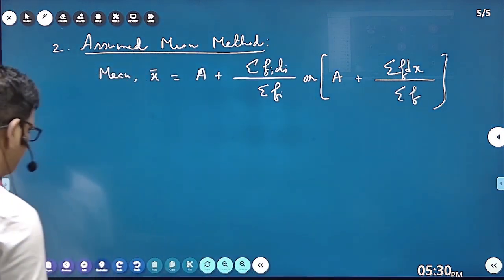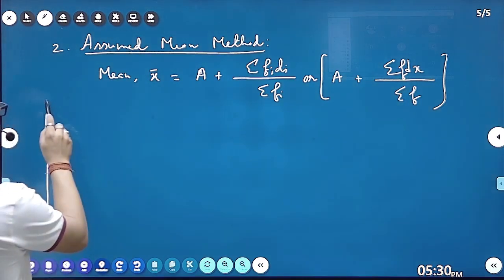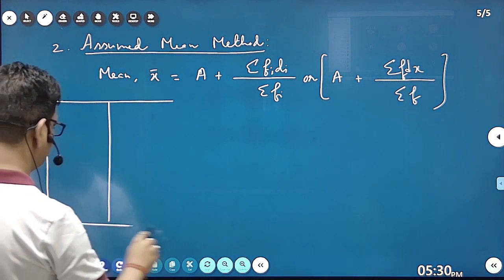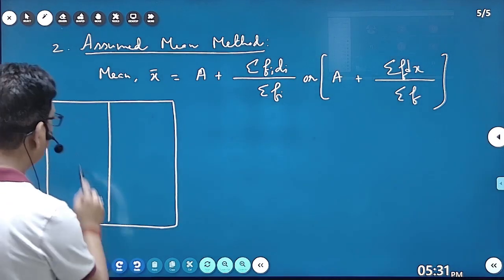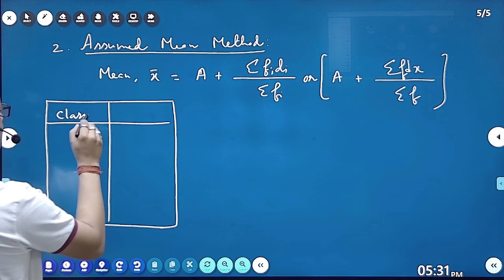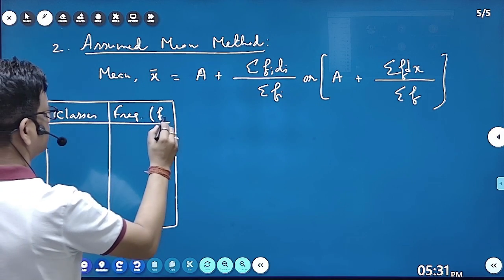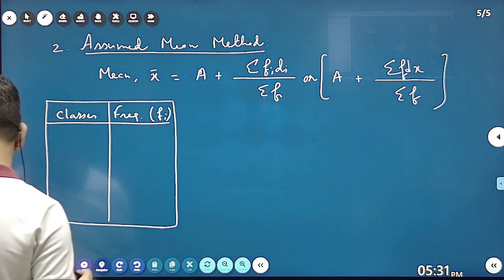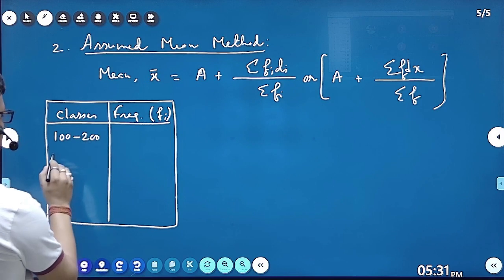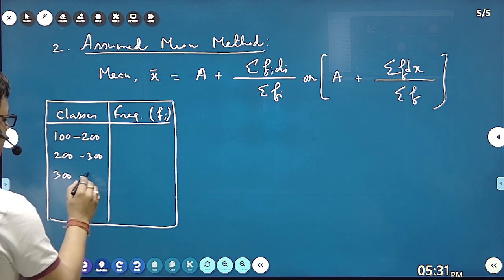Okay, so let me take another example. We'll do it together. Suppose this is the question given. We are asked to find the mean again. Now, a comparatively bigger number when you have. These are the classes and these are the frequencies, fi. I am going to write 100 to 200, 200 to 300, 300 to 400, 400 to 500, and 500 to 600.